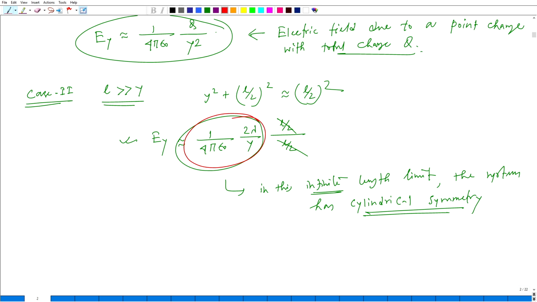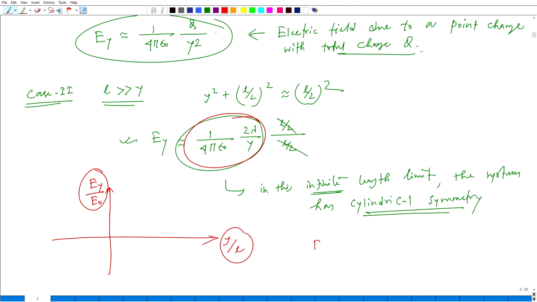So, now if we plot E y as a function of y, basically we plot E y by E naught against y by L. Dividing by the same dimensions, y by L is dimensionless and E y by E naught is also dimensionless.